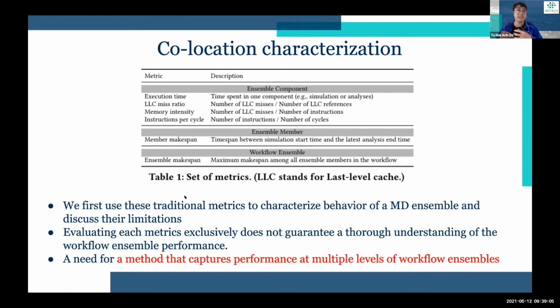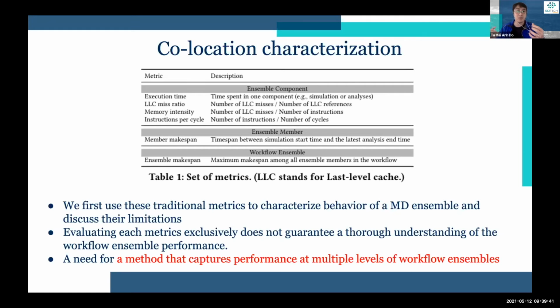Due to the time constraint of this presentation, I will not show the results from this experiment. However, we see some limitations when using these traditional metrics. If we only evaluate these metrics exclusively, it does not guarantee a full understanding of the performance of the workflow ensemble, because ensemble components can be coupled by data and synchronized to each other.